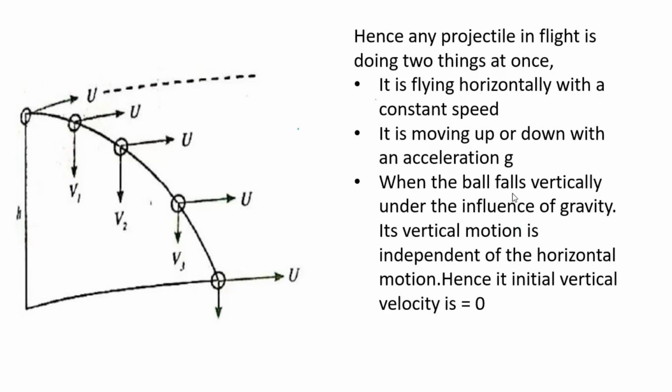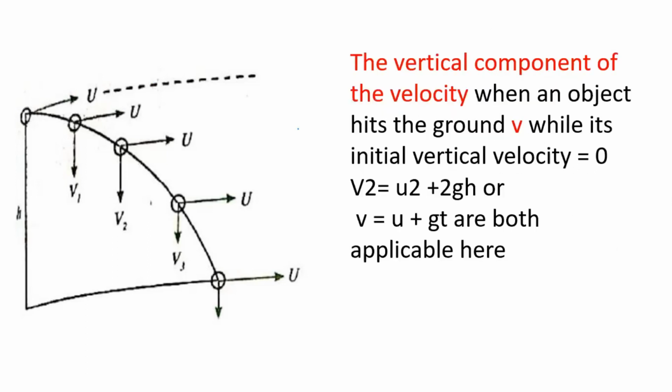So you begin to understand that the vertical component of the velocity, when an object hits the ground, is zero.